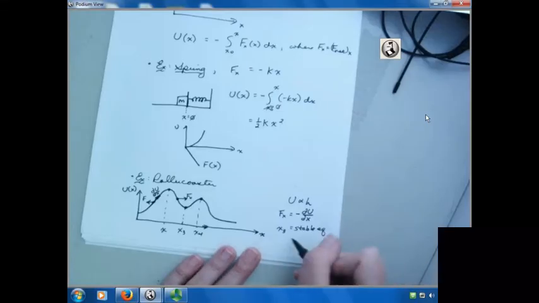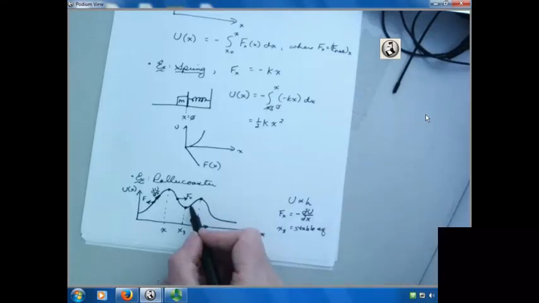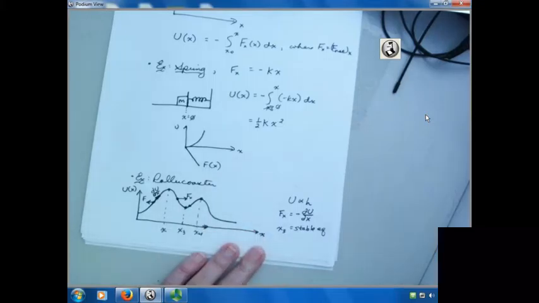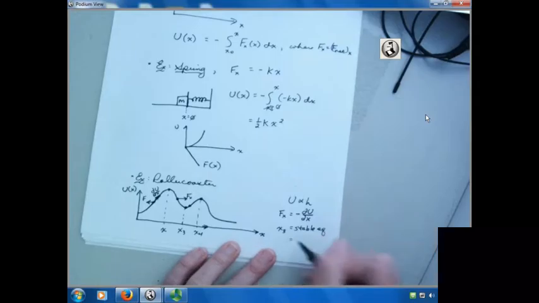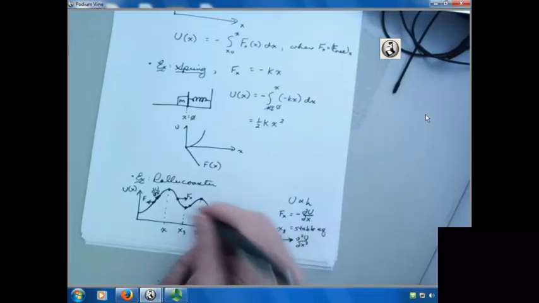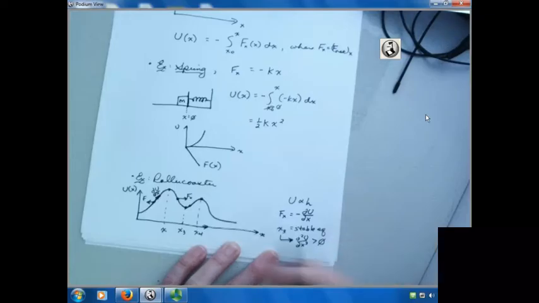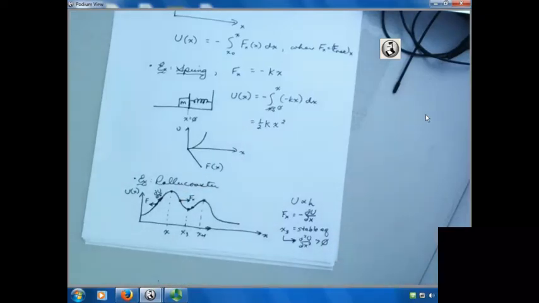But it is stable because if I were to deflect slightly, I would be pushed back toward that position. So what that means in terms of math is that d2u dx squared is greater than 0. I'm curling it up, and that's what's making my equilibrium stable.